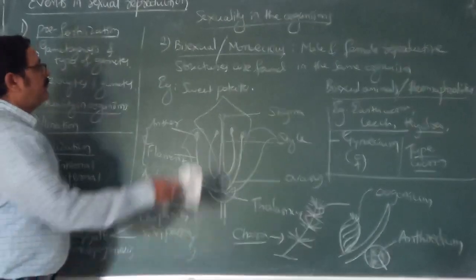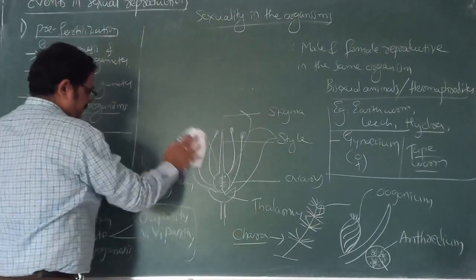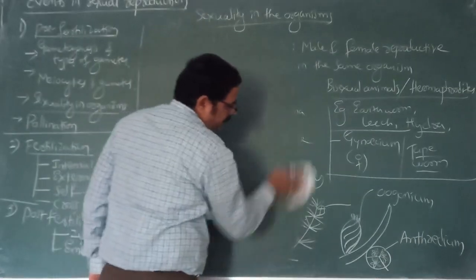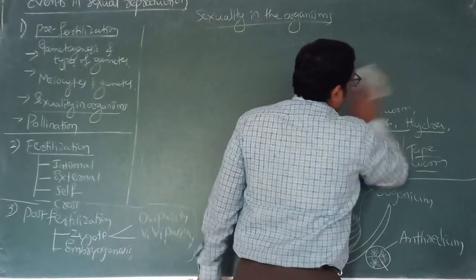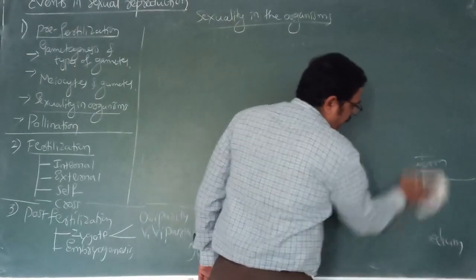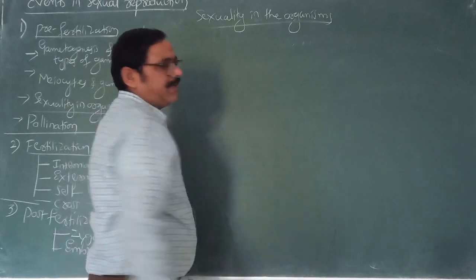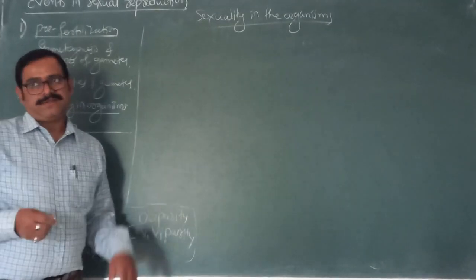Let me move ahead now. Under the sexuality of organisms, the term monoecious means what? It is the organism having both male and female reproductive structures. Dioecious means the organism which is unisexual. Based on the sexuality, flowers are also classified.